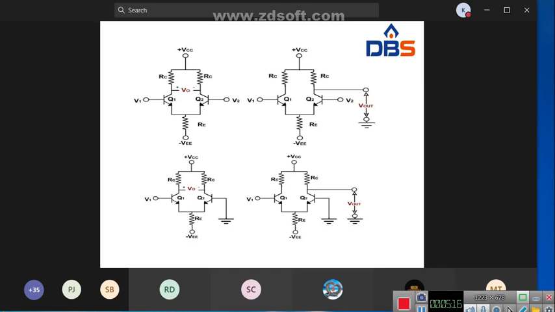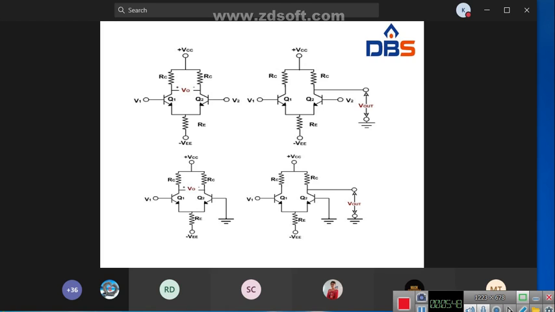Now just compare the four types. In this diagram, we have only one input and the other input is grounded, right? And the output is taken between two collectors.